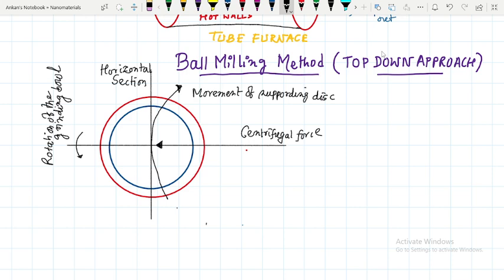At first, there are some bulk materials, which can be drawn freehand like this. These bulk materials get ground like in a mixer grinder, so it is grinding inside the ball mill.